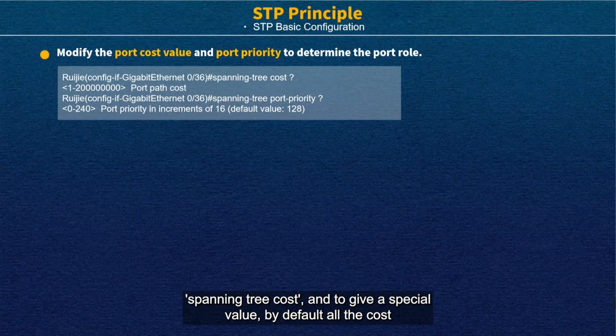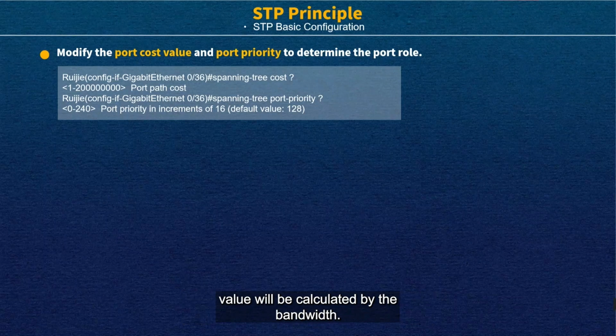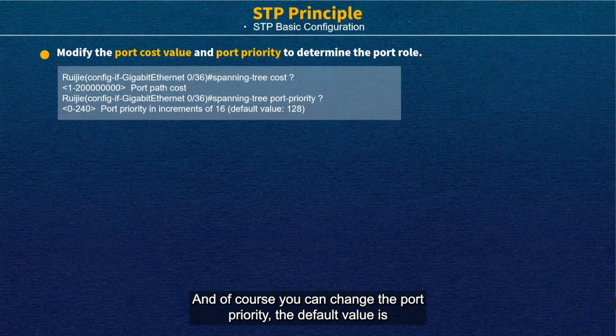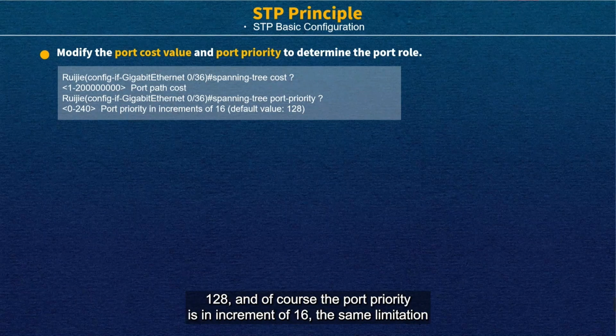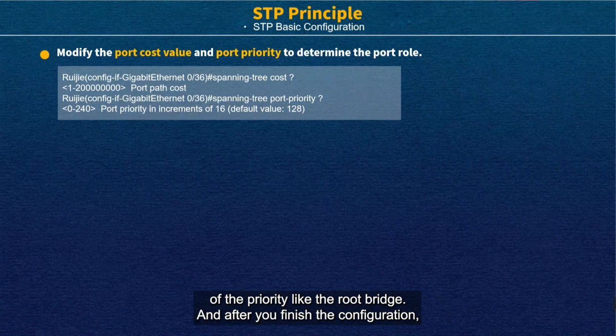By default, the cost value is calculated from the bandwidth. Of course, you can also change the port priority. The default value is 128, and the port priority increments in steps of 16, with the same limitation as the root bridge priority.